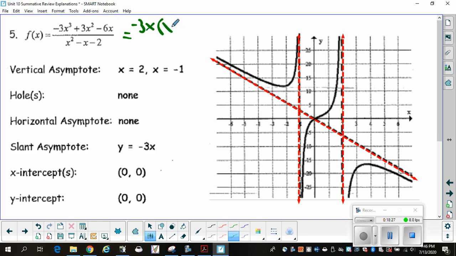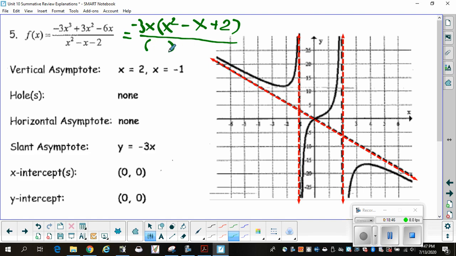And that's going to leave us with x squared minus x plus 2 in the numerator. And in the denominator, we've got x squared minus x minus 2.